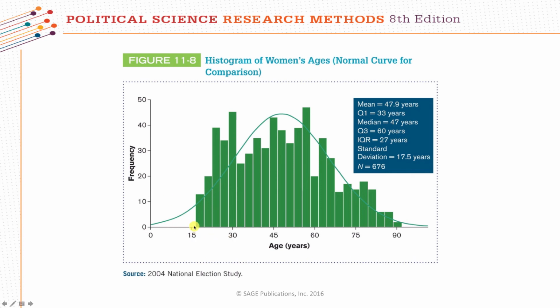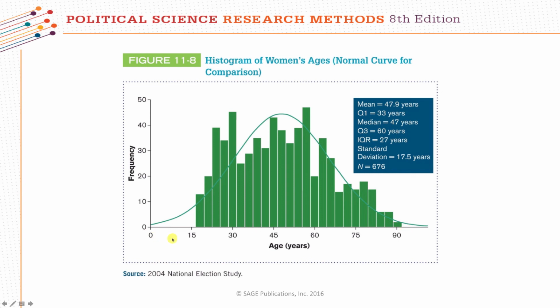12.9. So we know that 2.5% of the American population, well, actually this is sort of bad because this is of adults, of people over age 18. We can estimate from the high end that only about 2.5% of Americans are older than 82. So that's something we can know.